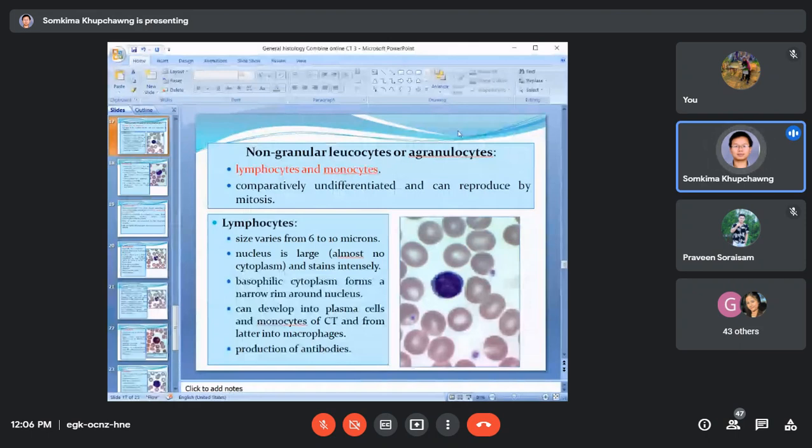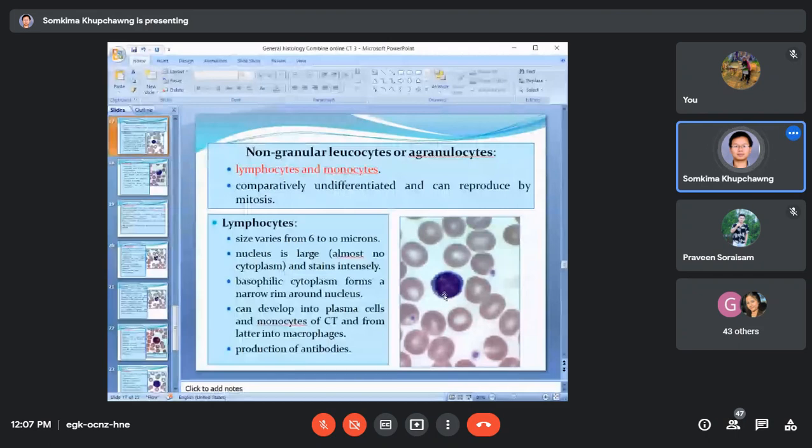One important point in case of the lymphocyte: in the image we can see the nucleus, this whole dark blue part. Around this dark purple color, we can see a light purple color, which is nothing but the cytoplasm. Basophilic cytoplasm forms a narrow rim around the big nucleus.